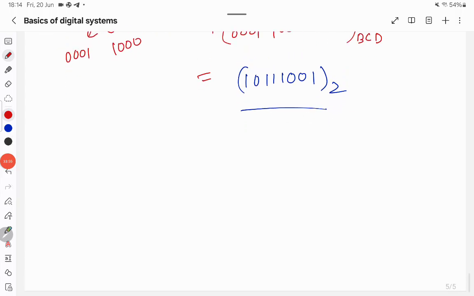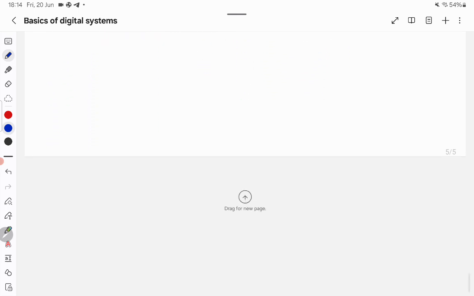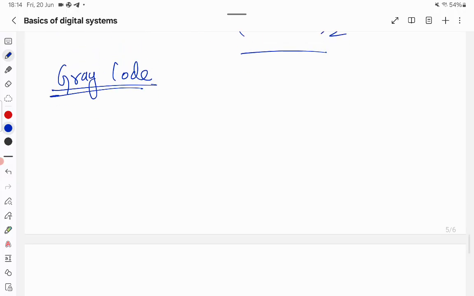One more thing to tell is the gray code. Gray code can be written like this. Here you have the binary code.